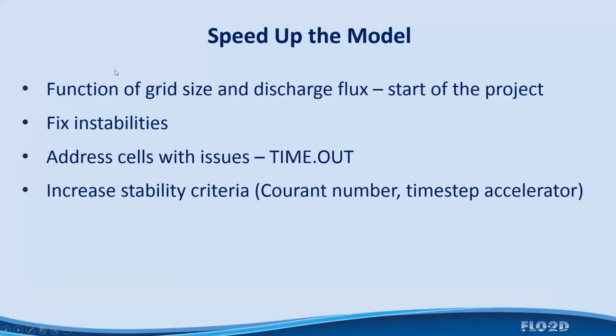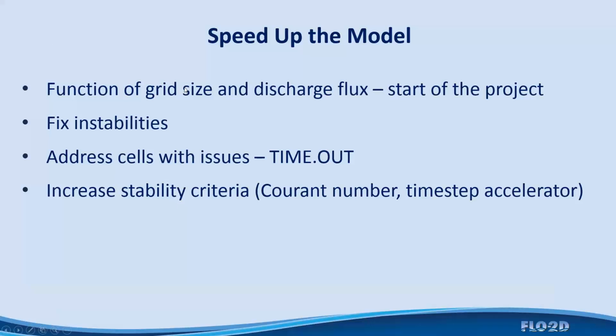Now finally, if you want to speed up the model, which is a common desire of all modelers, look at the function of the grid size and the discharge flux. Do it before you put in details in the model. If the model's running too slow and your discharge flux into your model, that is discharge per time, you'd want to look at whether or not you're choking the model at some point, and you need to make these changes at the start of the model.